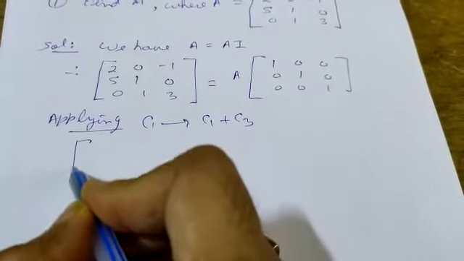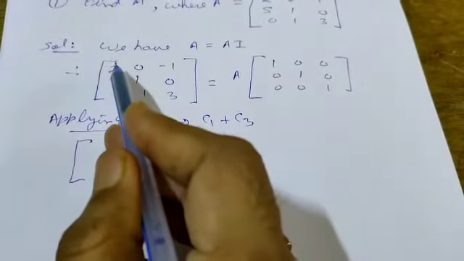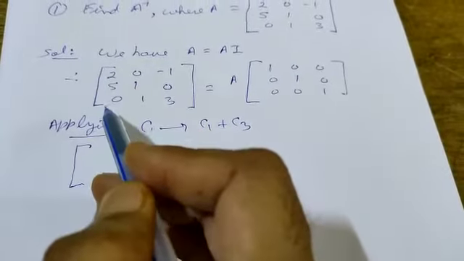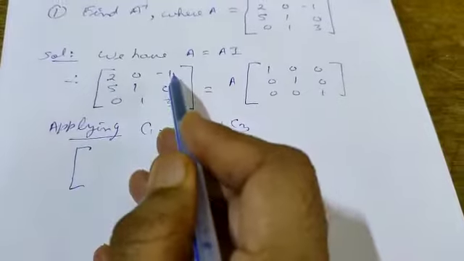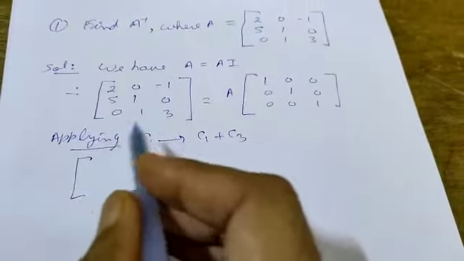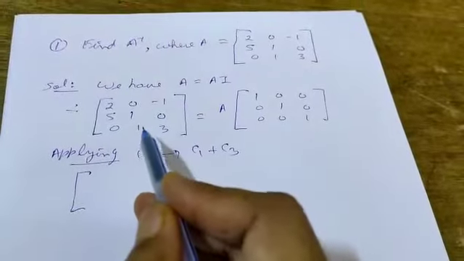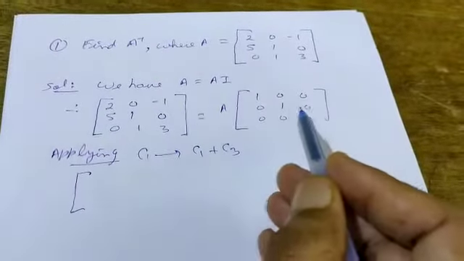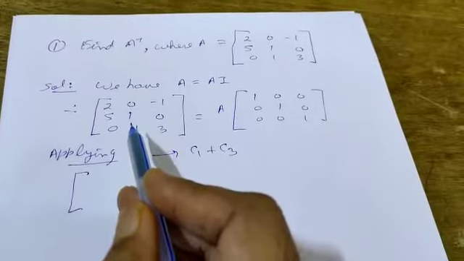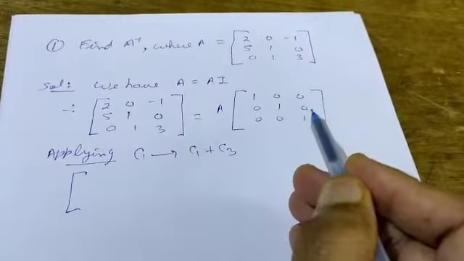Let us see what we get. We cannot do this for only one single element. The whole column is to be added. Column 3 is to be added to column 1, and the remaining columns will remain the same. We have to do this on both sides, right side as well as left side. Whatever operation we do on the right hand side, that same operation has to be done on the left hand side.